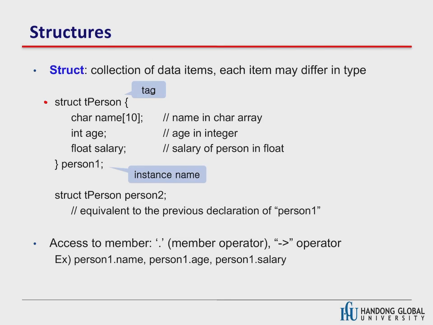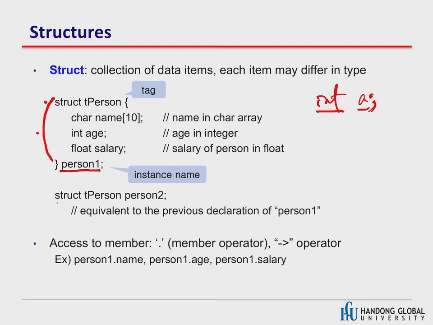Okay, and we can make an instance, person1. So this one is a kind of data type, okay? This one is a type and person1 is one instance. It's something like this. When we have int a, then int is a variable type and a is an integer variable, or instance, okay?